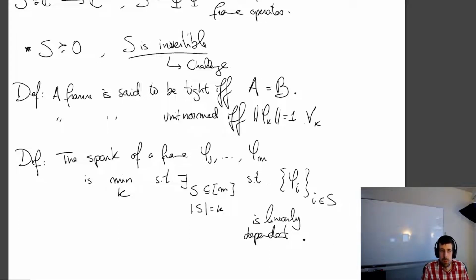So it's the smallest possible set you can get such that these vectors are linearly dependent.